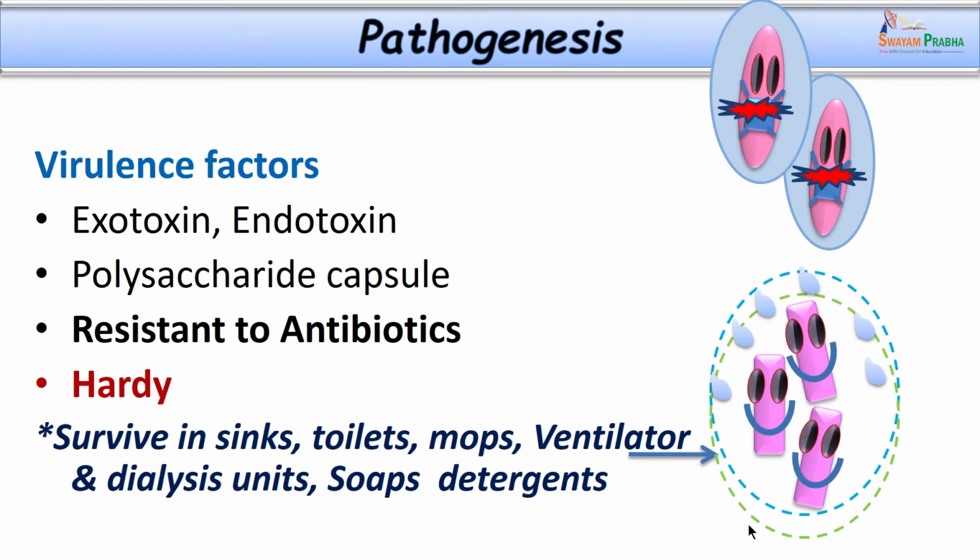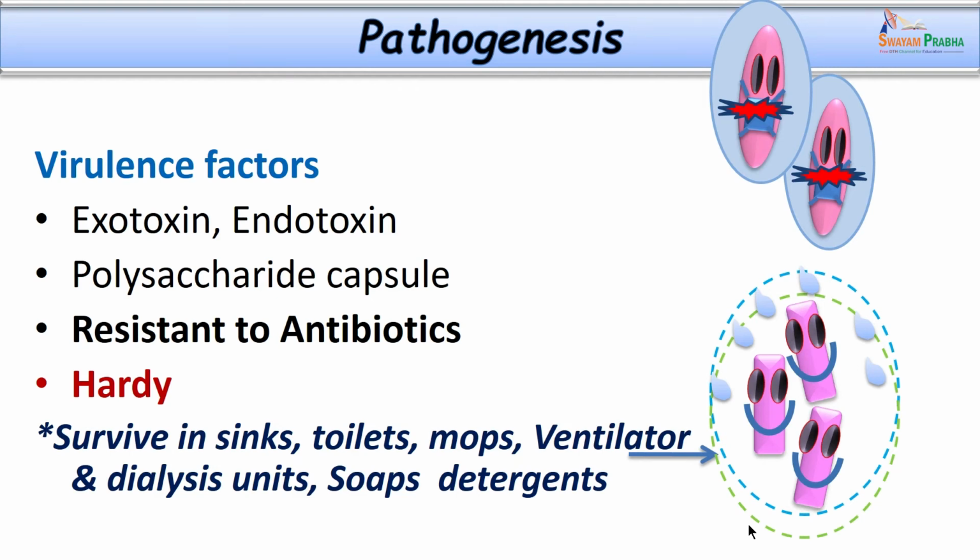Now let us look into their pathogenesis. How are they more capable or enabled as compared to other organisms? That is because mainly they have virulence factors. Organisms like Pseudomonas or Acinetobacter, both of them can produce exotoxins, or they can have lipopolysaccharide endotoxin, which is responsible for causing endotoxic shock or septicemia, which is the ultimate result in case of any hospital acquired infection.